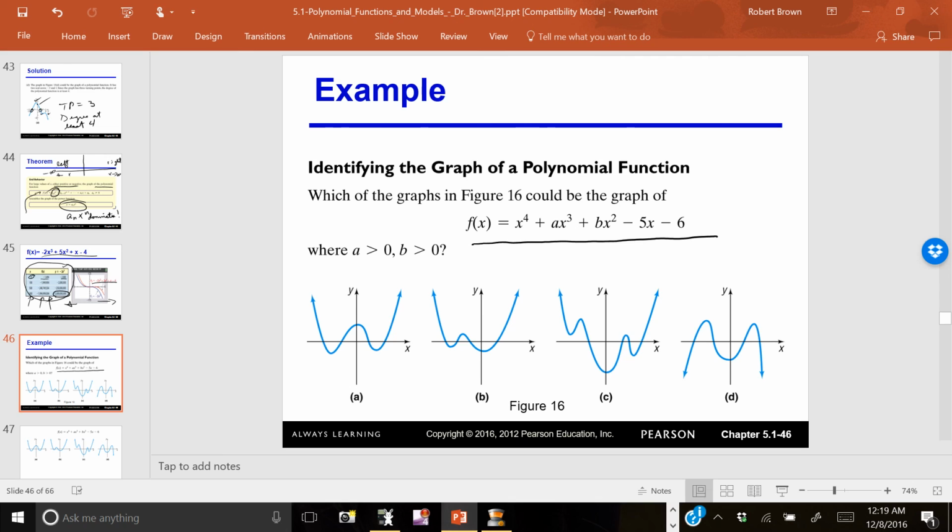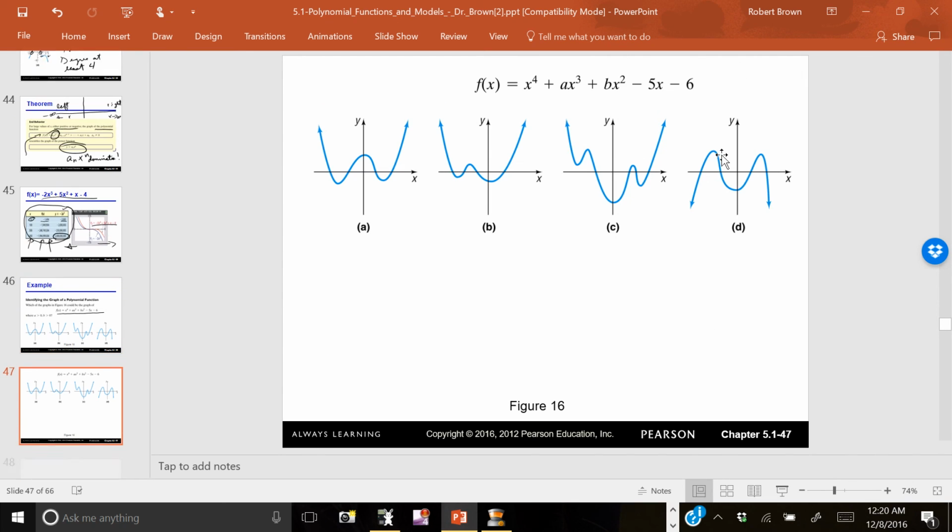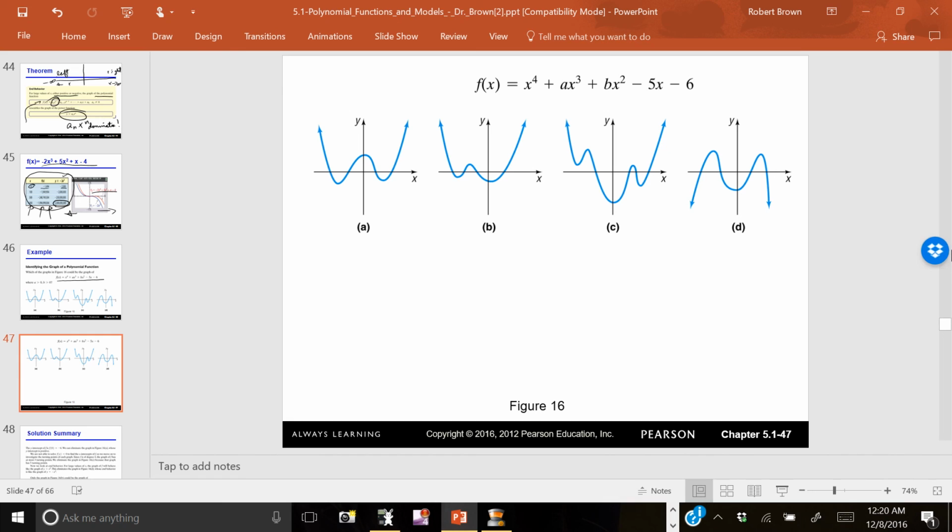What we're going to do is look at each one and see which ones could be it. And we're going to look at some of the things we know about, like number of turning points, the y-intercepts, etc., and see which ones could be the graph. Okay?